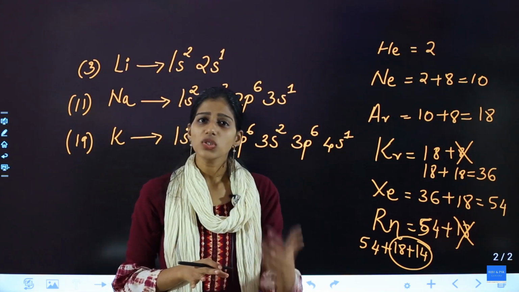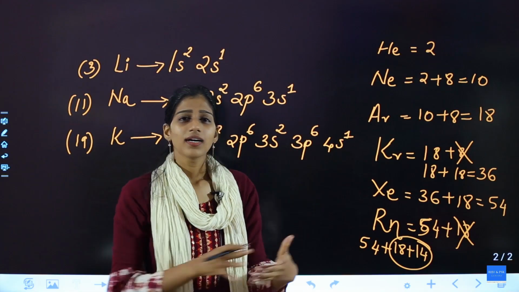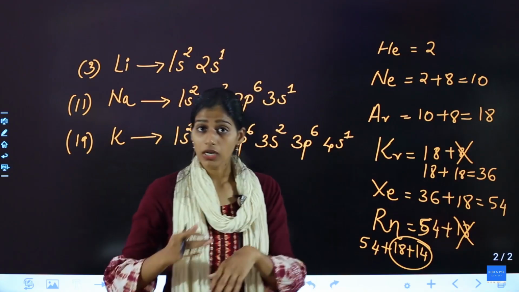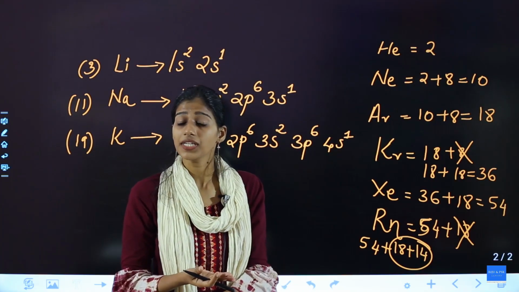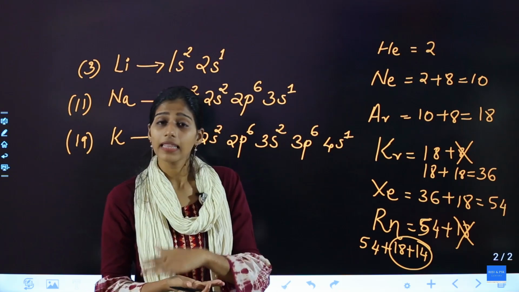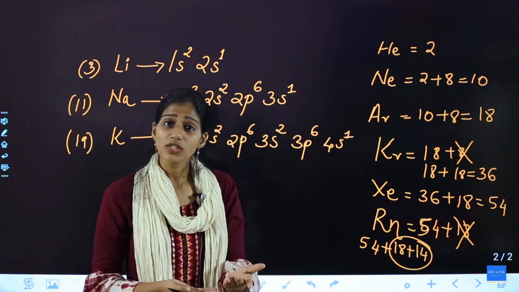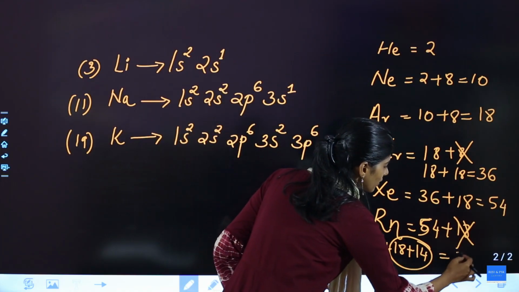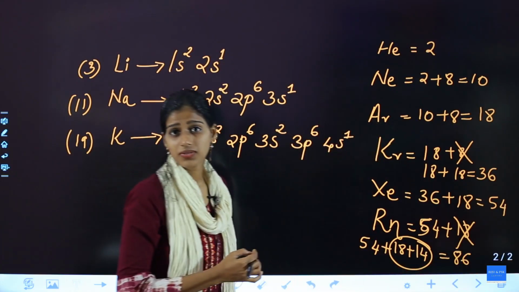So, whenever you are finding the atomic number of any element which belongs to 6th and 7th period, which comes after lanthanum and actinium, you need to add 32. Okay. So, 54 plus 32 you are getting 86.